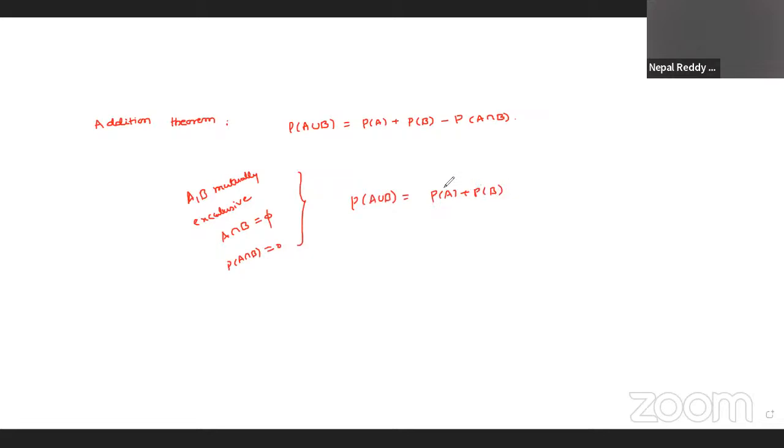And A, B, suppose they are exhaustive events. Whenever they are exhaustive, their union is not the empty set, that is the sample space. So probability of A union B becomes probability of the sample space, that becomes 1.